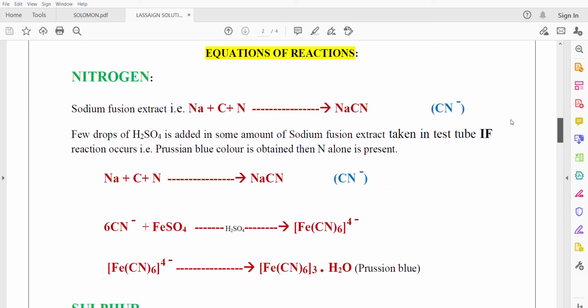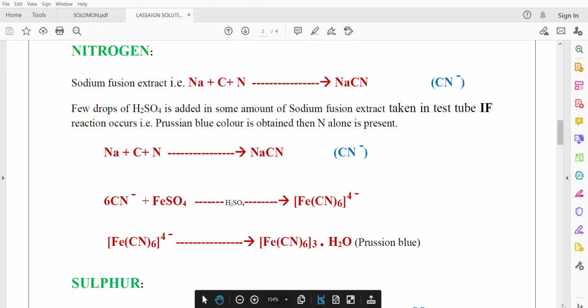In nitrogen test, sulfuric acid plus ferrous sulfate, Prussian blue color appears, nitrogen is present. Sulfuric acid plus ferrous sulfate. Here is a mistake.